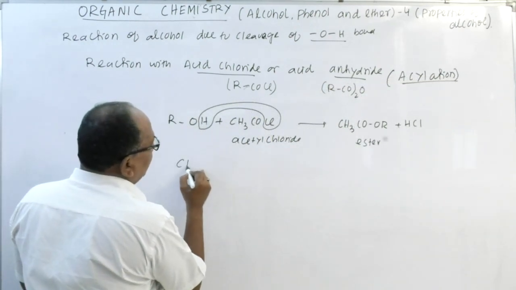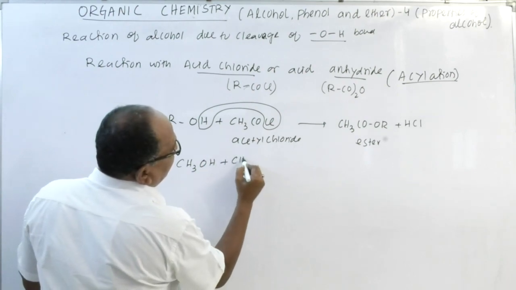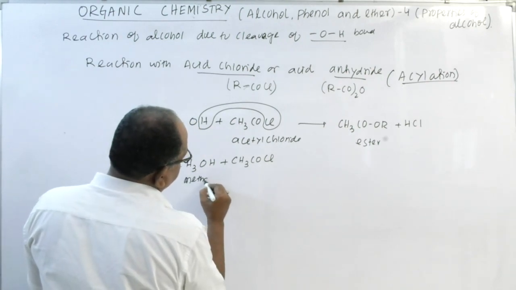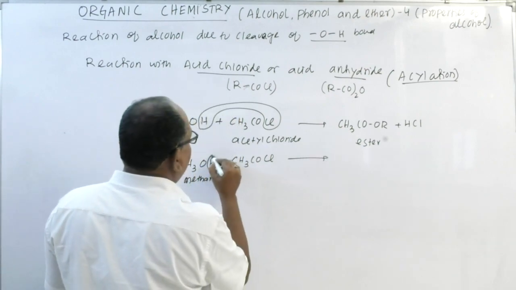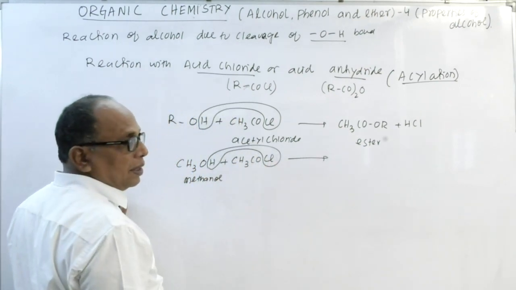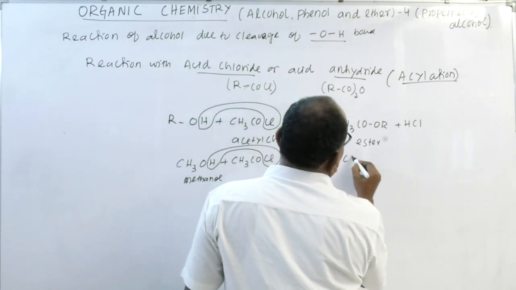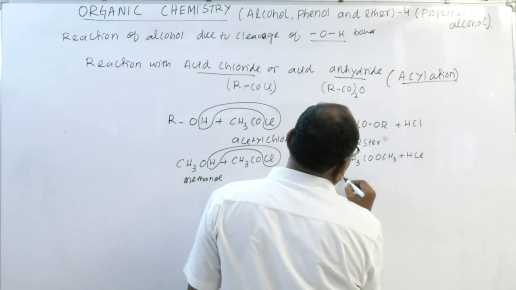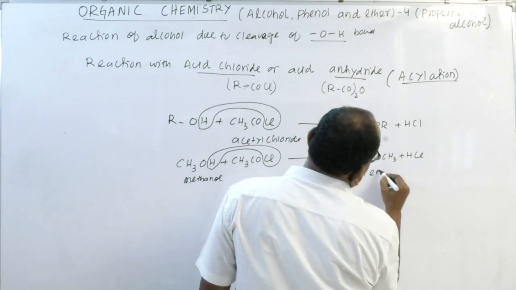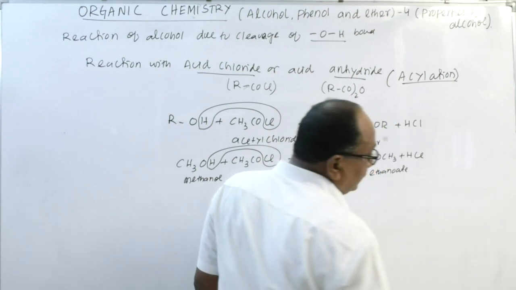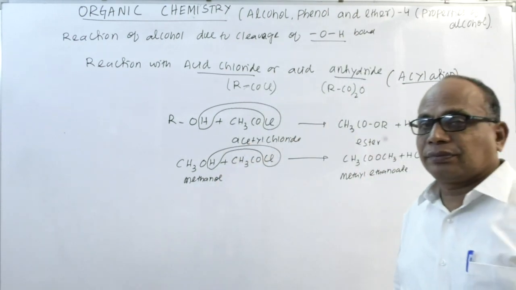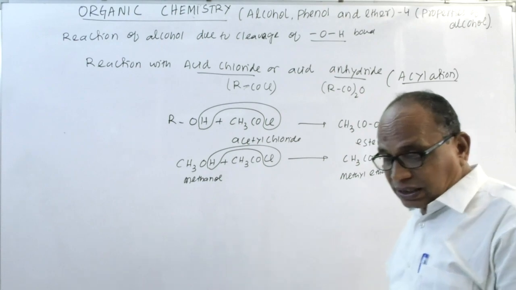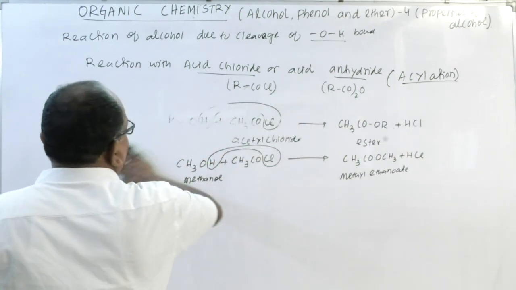Suppose you take methanol and it reacts with acetyl chloride. It gives you the H from the alcohol and Cl from the acid chloride as HCl. This gives you CH3COOCH3 plus HCl. This is called methyl ethanoate. Okay students, this is called acylation, and by acylation we can estimate the number of OH groups per molecule.